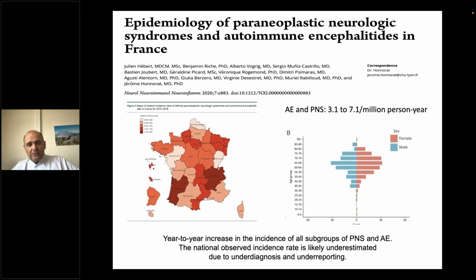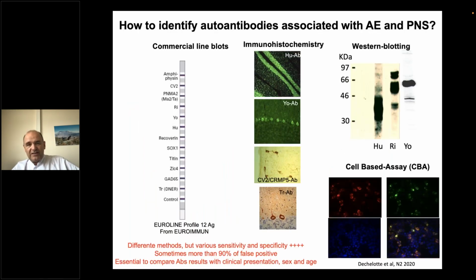So it's clearly a rare disease, around 3.1 to 7.1 per million persons per year, but a highly interesting disease to understand the relationship between neurodegeneration, neuronal functioning, and the autoimmune system.